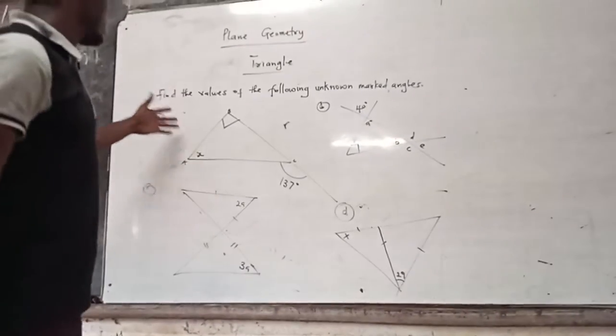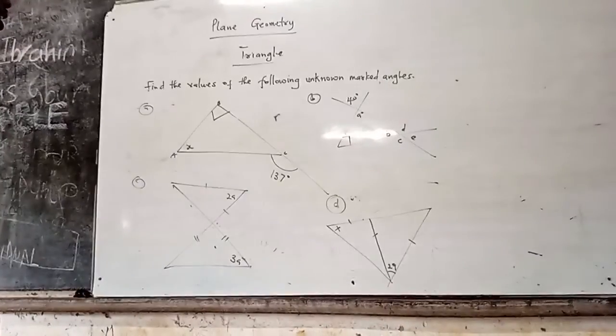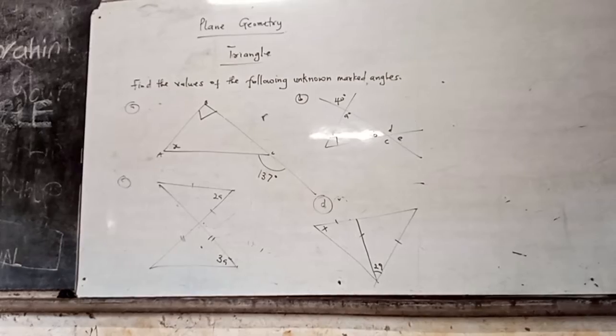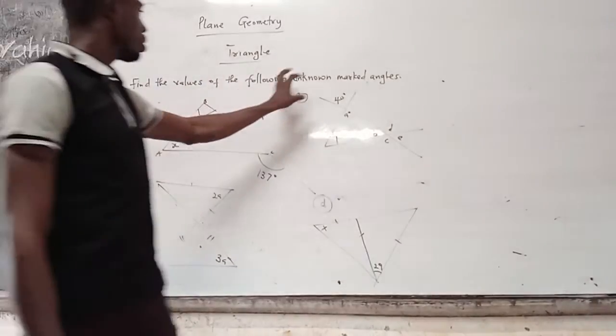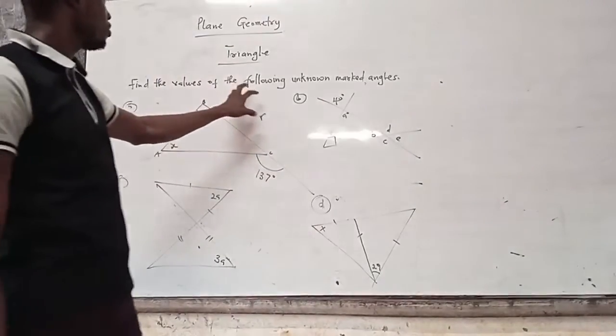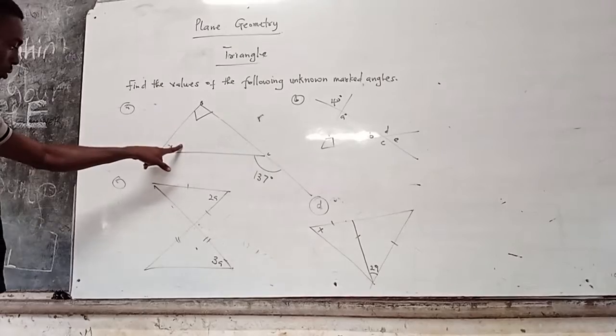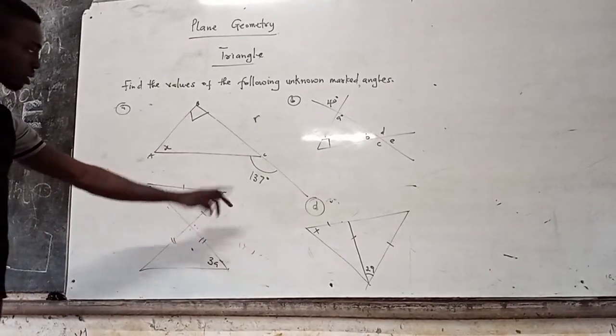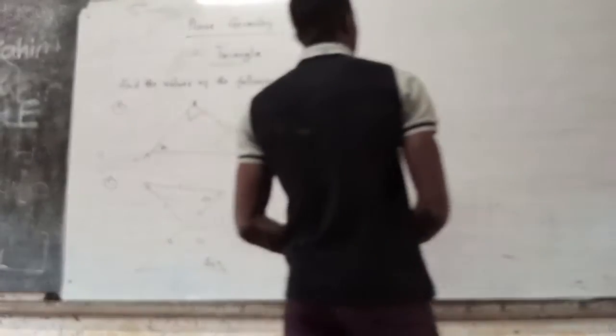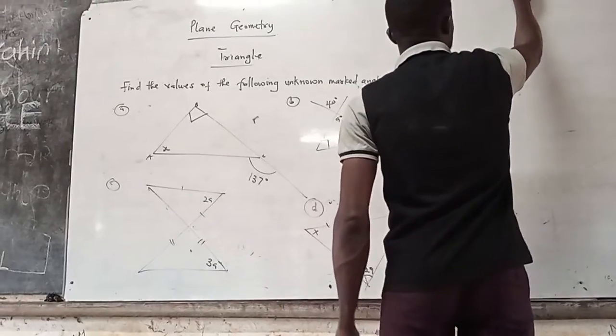So let's take these examples and try other triangles and see. Find the values of the following unknown angles. So we have to find the angle here, the angles here, and that. So let's take the first one and work on these two solutions.